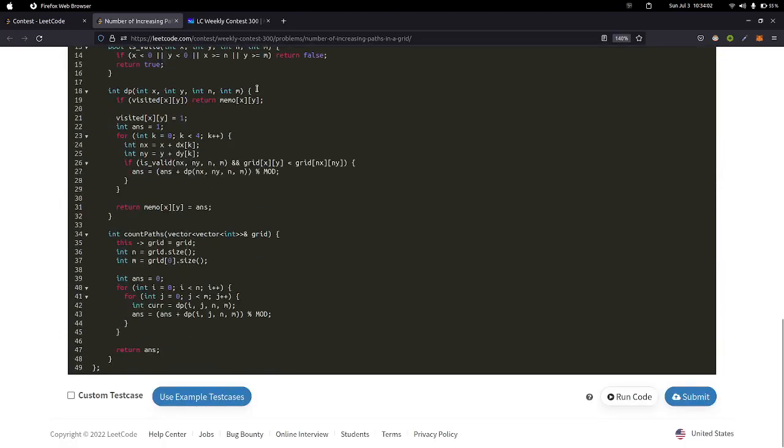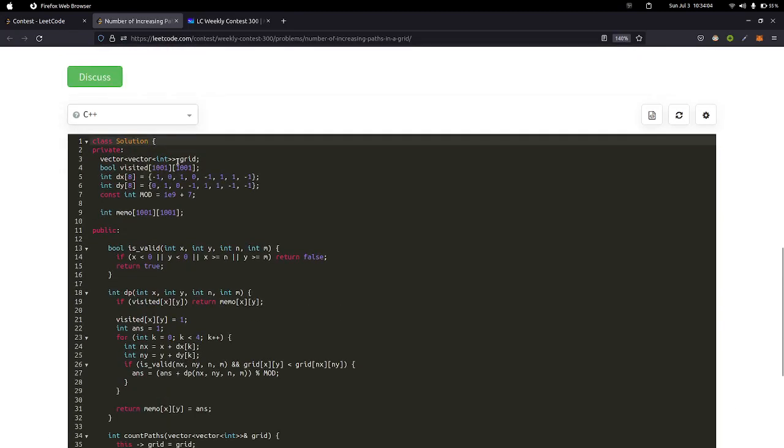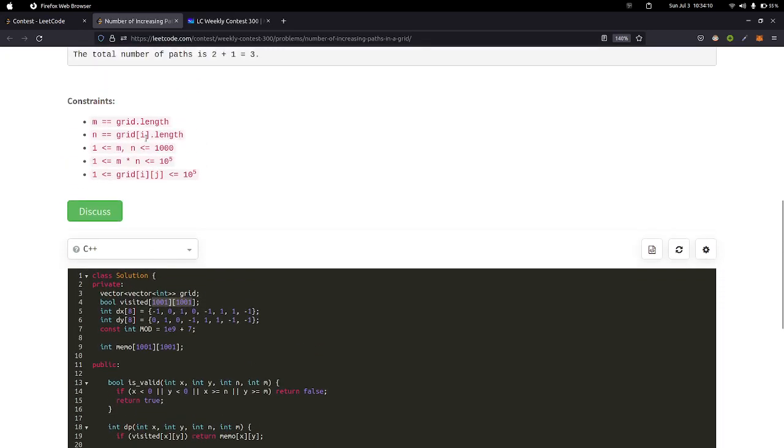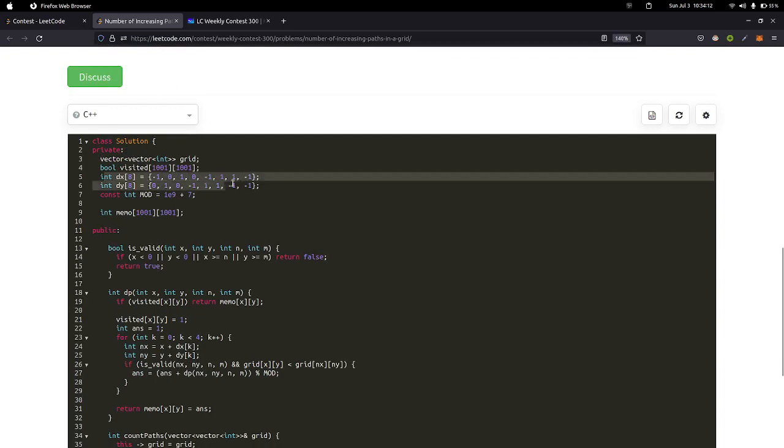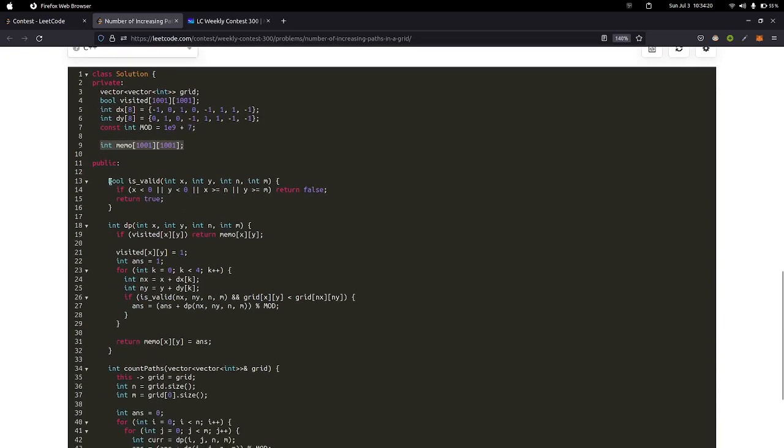Let's start from the beginning. We have a grid and a visited array of maximum possible dimensions given, then two direction arrays, a mod value, and the memo.